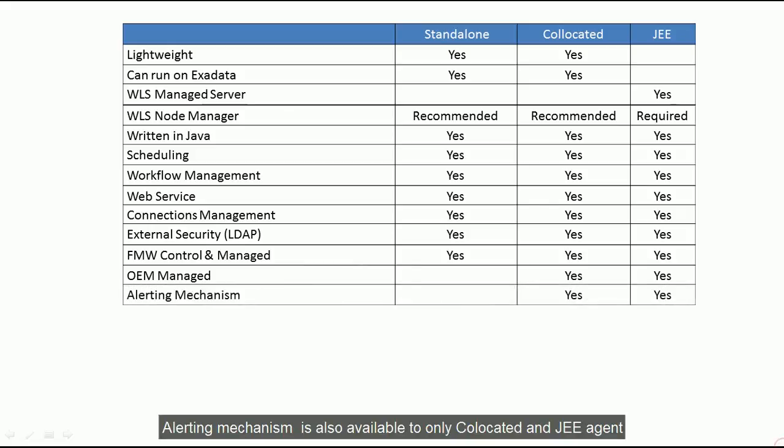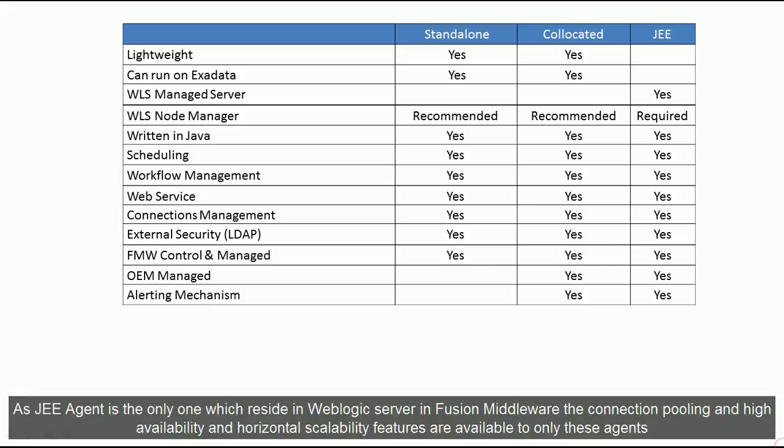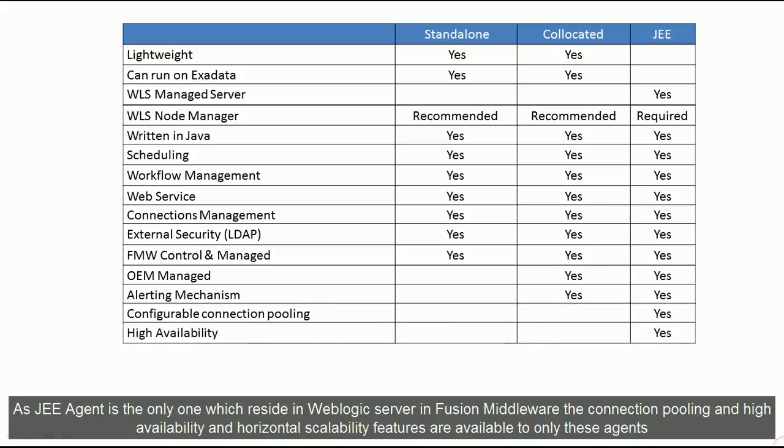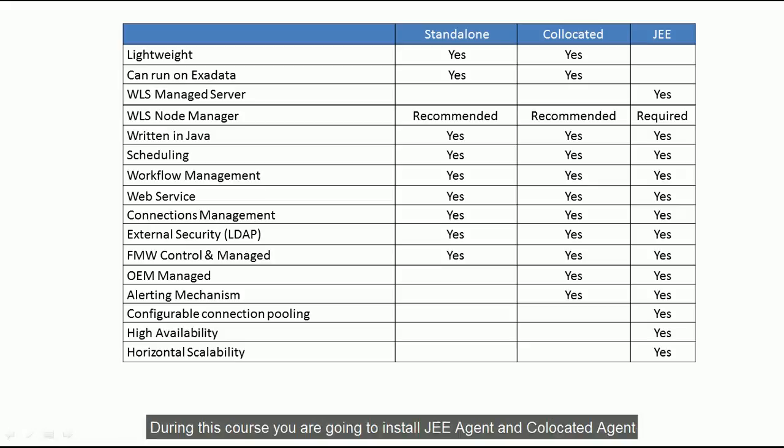Alerting mechanism is also available only on Collocated and JEE Agent. As JEE Agent is the only one which resides in WebLogic server in Fusion middleware, the connection pooling and high availability and horizontal scalability features are available only to these agents.